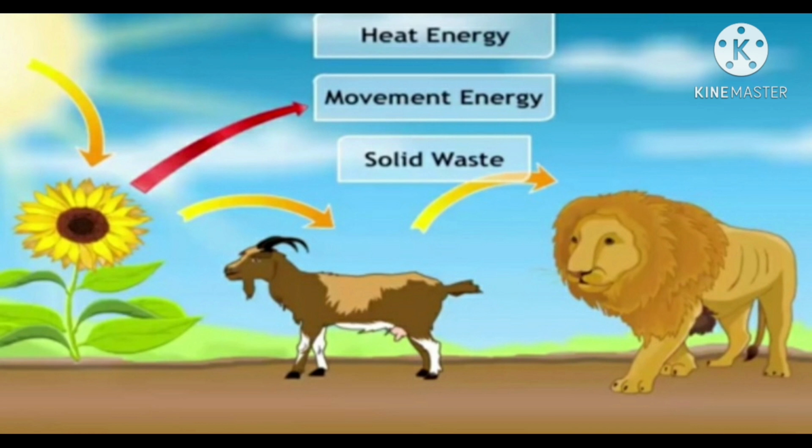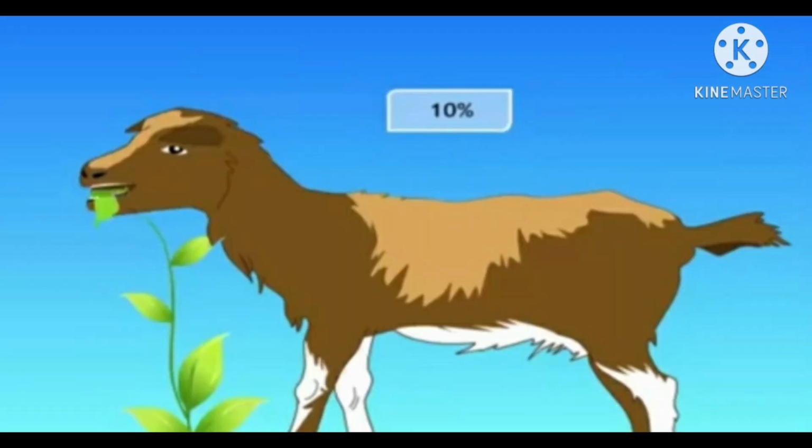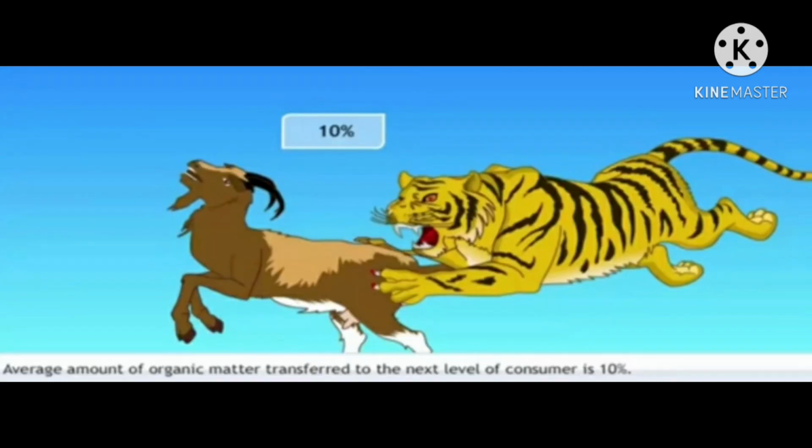When primary consumers like deer eat plants, they get the available energy in plants. Some of this energy is used for activities like moving, digesting, etc. And some of it is lost as heat. Only about 10% of the available energy in the food gets transformed into new tissues or flesh of the animal.